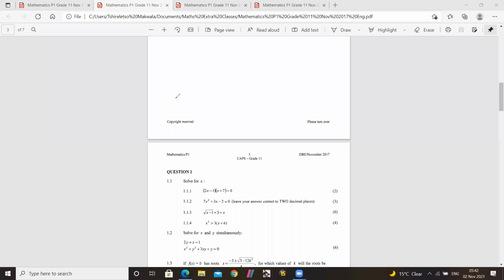So to cancel out the surd, we are just going to square both sides, right?